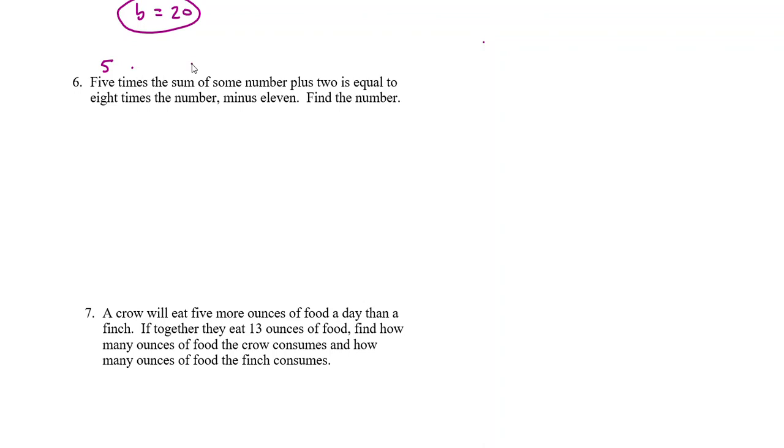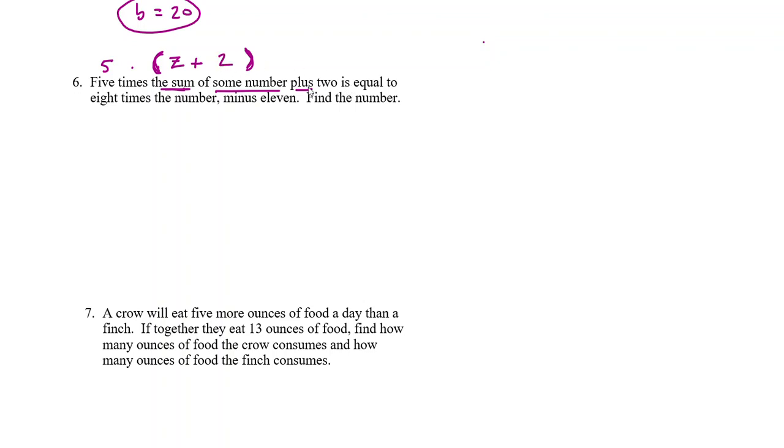5 times the sum, something being added here, so we're adding some things. The sum means we're adding a couple of things, and we're going to add those together first before we do anything else. So the sum means the answer we're going to get once we add these two things together. So the sum of some number z plus 2.